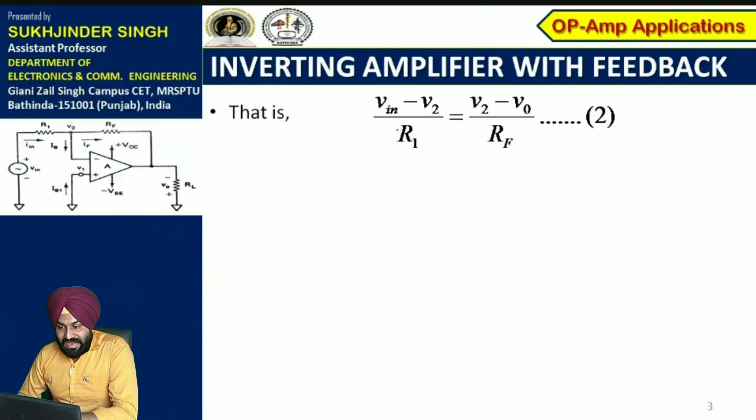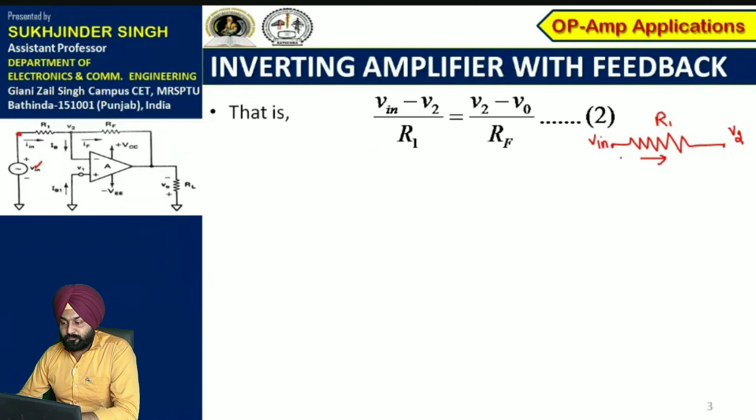That is, IN can be represented in terms of voltage and resistances. How can it be represented? Say, this one is your resistance R1, and Vin is the voltage across one terminal, and V2 is the voltage across the other terminal, and the current flowing through resistance R1 is IN.